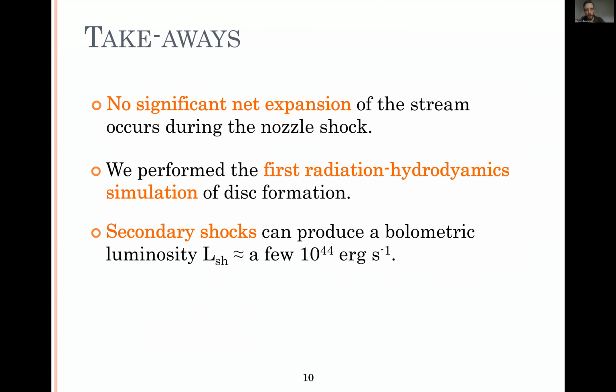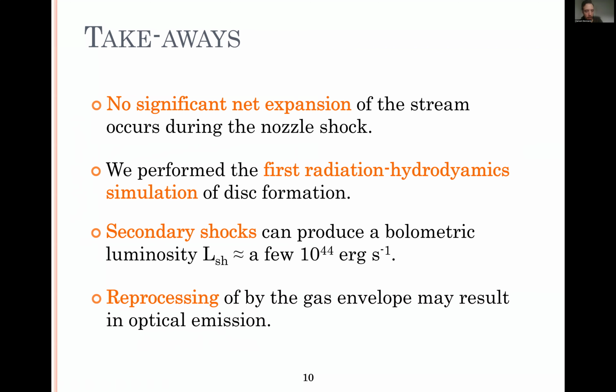And we find that the emerging luminosity from the shocks forming the disk can produce a volumetric luminosity of around 10^44 erg per second, which is enough to account for observations. And finally, the reprocessing of this luminosity by the surrounding gas may be a physical process leading to the optical emission that is detectable from TDEs.